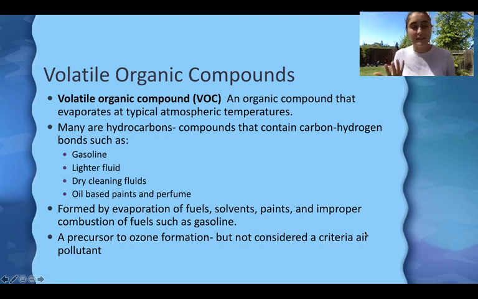Some people really like the smell of gasoline, but if you've ever watched it drip onto the floor right by where you're filling up your gas can, or onto the ground near where you're filling up your gas tank, you'll notice it evaporates very quickly. That's what's causing those volatile organic compounds. These are all a precursor to things like ozone, but they're actually not on that criteria air pollutant list. Those were the ones that were added in 2012, but they aren't considered a criteria air pollutant.